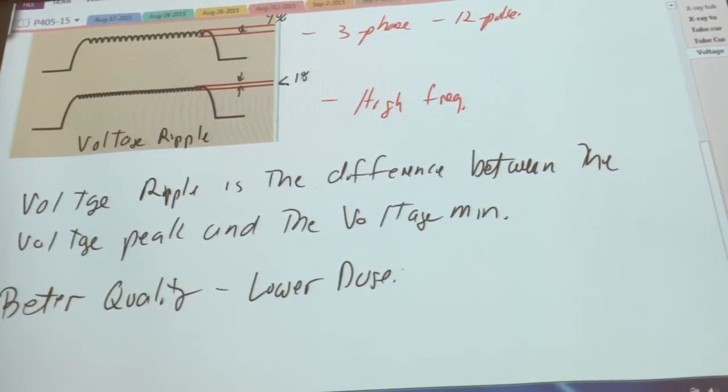Better quality and lower dose is obtained from which case? The high frequency.